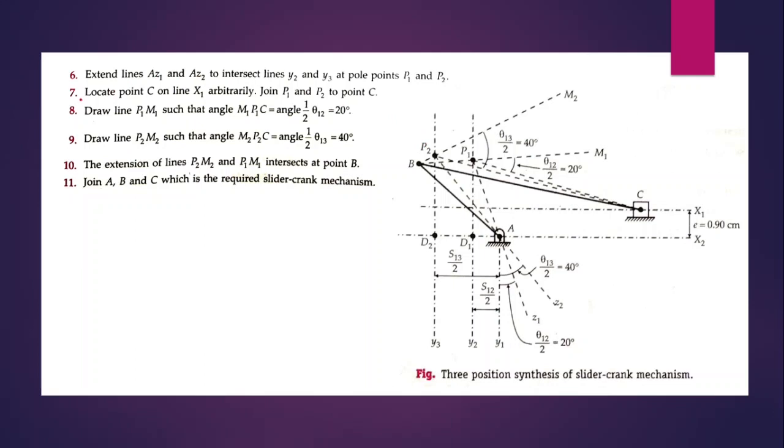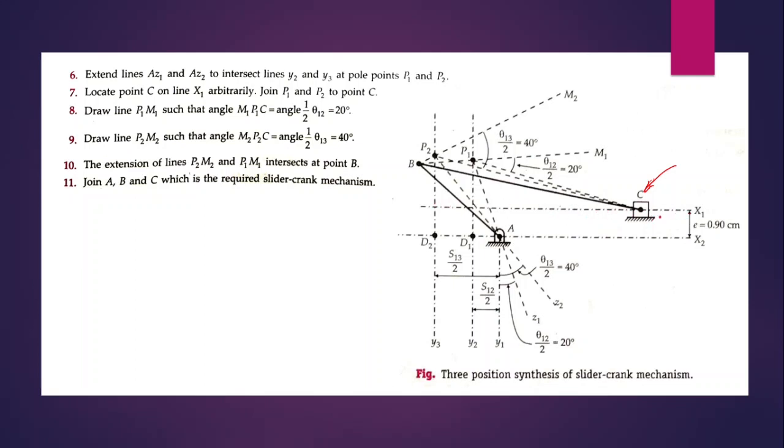Okay. Then next step, seventh step, locate C on the line x1 arbitrarily. We can locate this point C randomly on line x1.